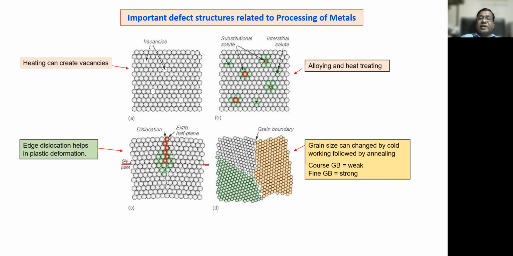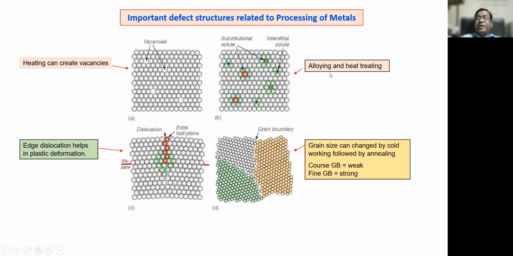Substitutional means an impurity atom substitutes for an atom at the regular site. If we are alloying carbon to iron, the carbon goes in the space, as an interstitial.